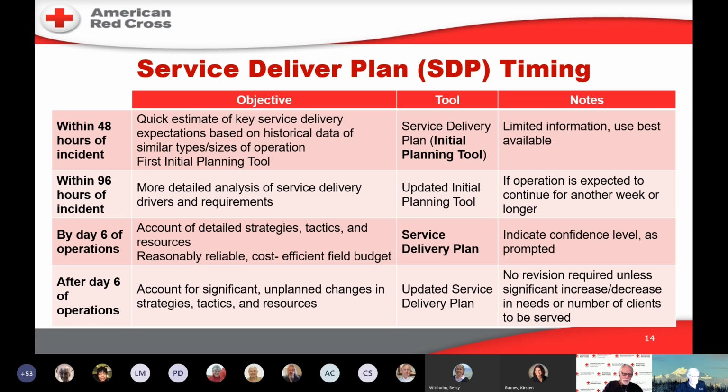Other groups, such as recovery, haven't even requested their caseworkers yet, or decided whether it'll be individual assistance or DCA, because those things haven't begun yet on a large operation on day 6. So it really depends on the activity what level of confidence you have in the information as you're filling in the service delivery plan.